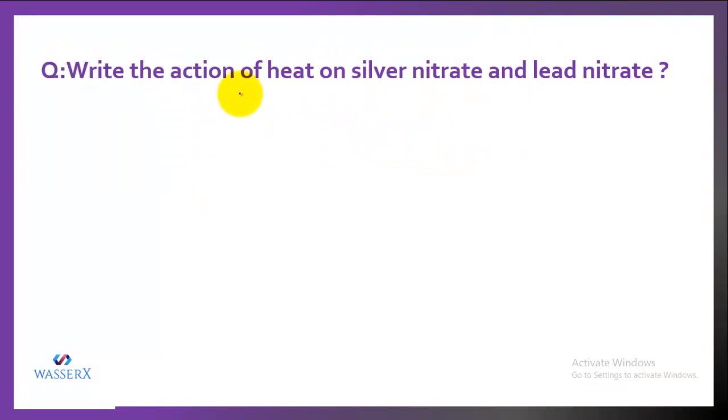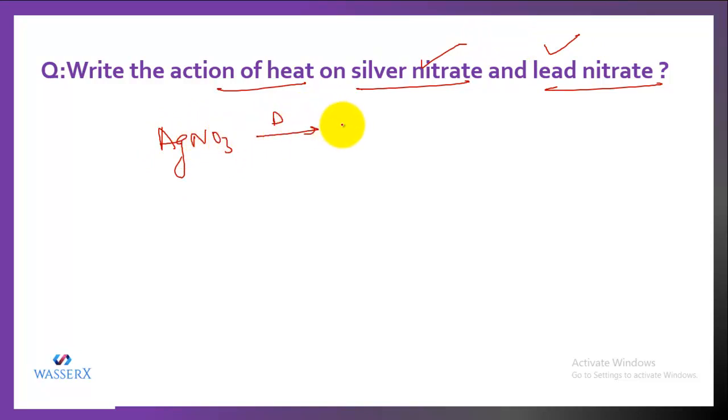Another question is, we have to write the action of heat on silver nitrate and lead nitrate. That means we have to write the thermal decomposition of silver nitrate and lead nitrate. We know that silver nitrate is AgNO3. When you heat it, it becomes Ag2O plus NO2.